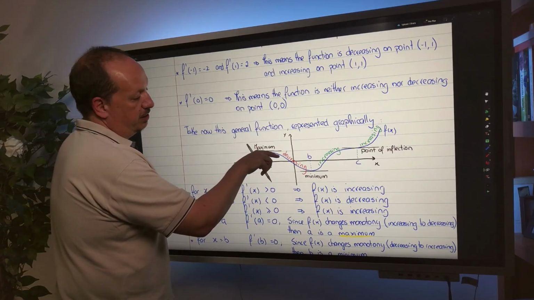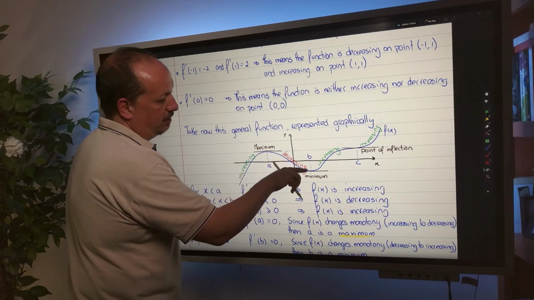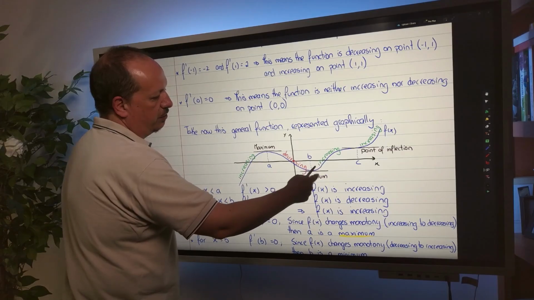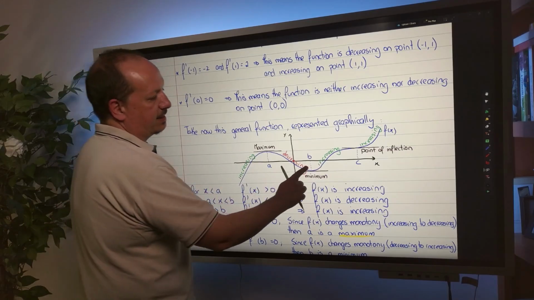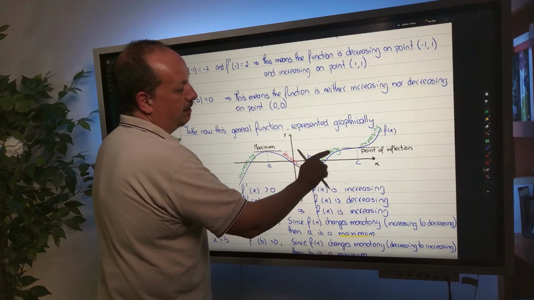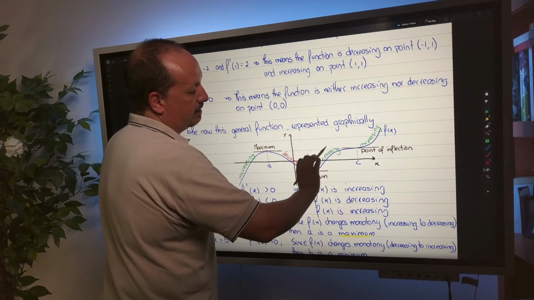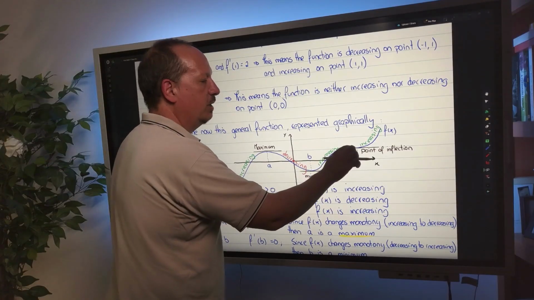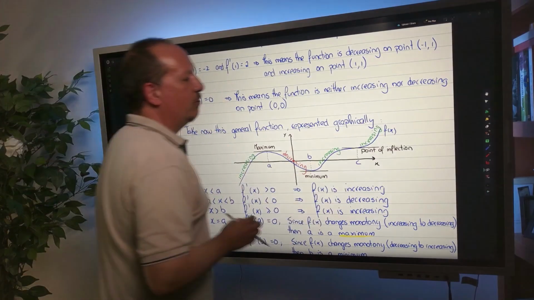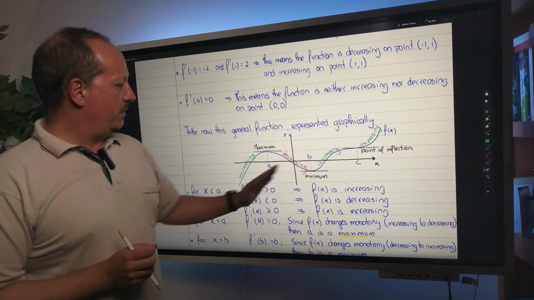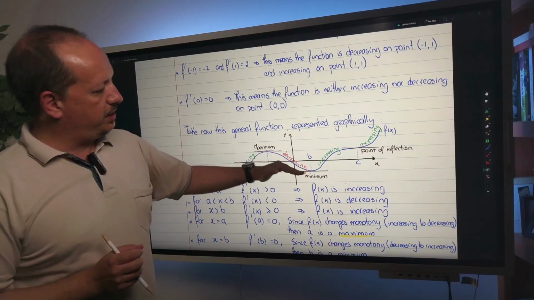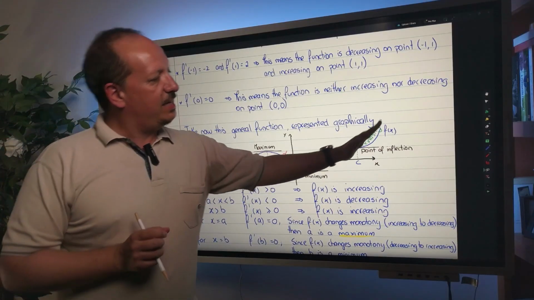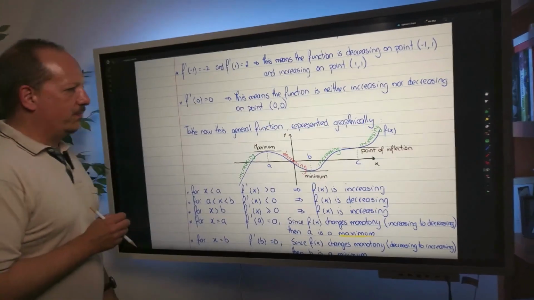It's decreasing, decreasing, decreasing. But here, it starts increasing again. So here you have a minimum. It starts increasing, but then not as fast. And here it seems that it's going to start decreasing, but no, actually it resumes its increasing. Okay? So increasing, decreasing, increasing, and here it continues increasing.